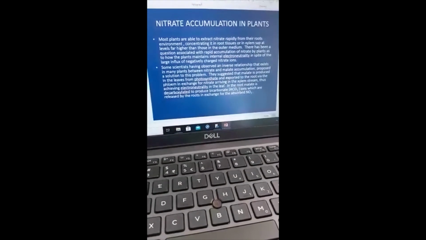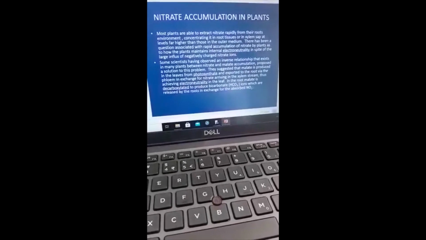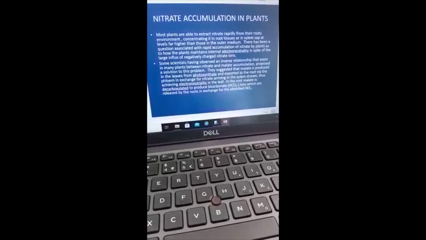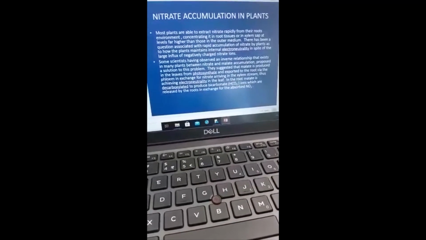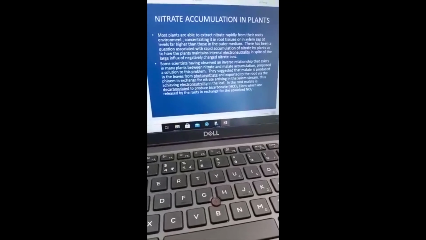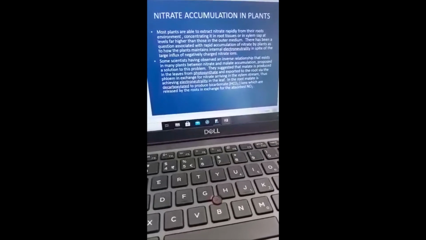Remember, the assumption is in the plant there is an equal number of negatively charged ions and positively charged ions. So they balance each other out, and the ultimate charge of tissues in the plant is neutral, what we call electroneutrality.